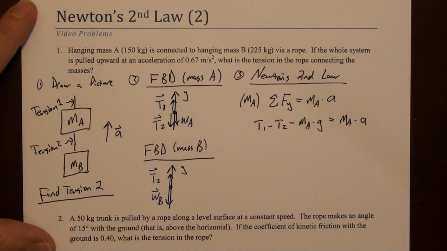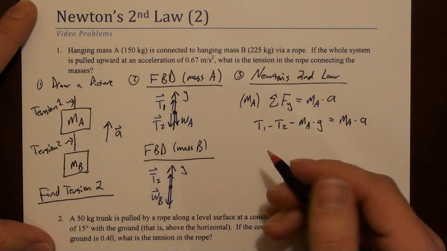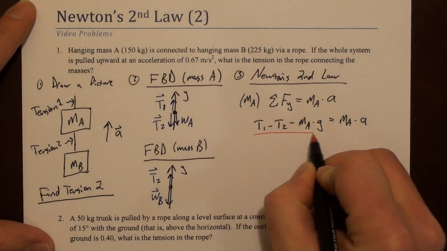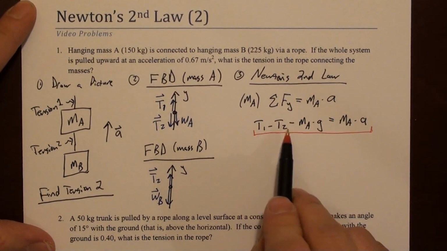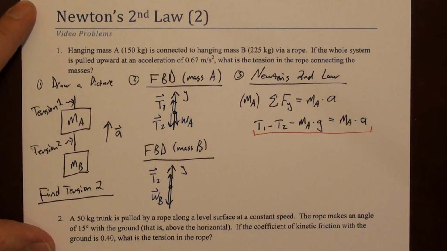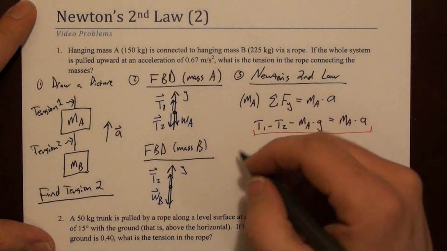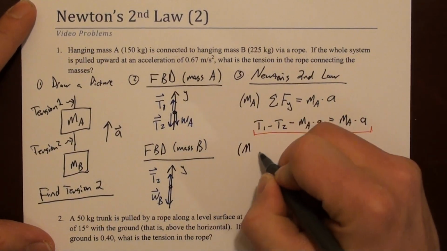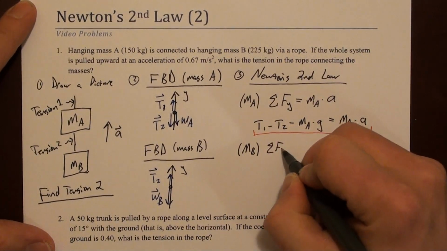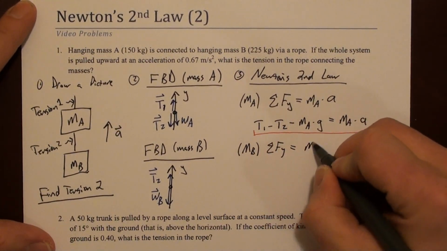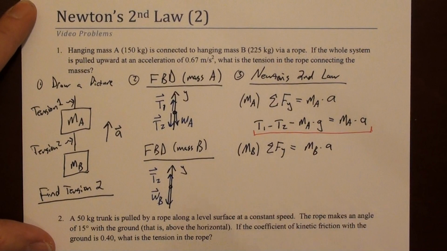Okay, so here's one equation and two things that we don't know. Right. We don't know T1, we don't know T2, and we're solving for T2. So let's turn our attention to mass B. We have the sum of the y direction forces is mass B times the acceleration.